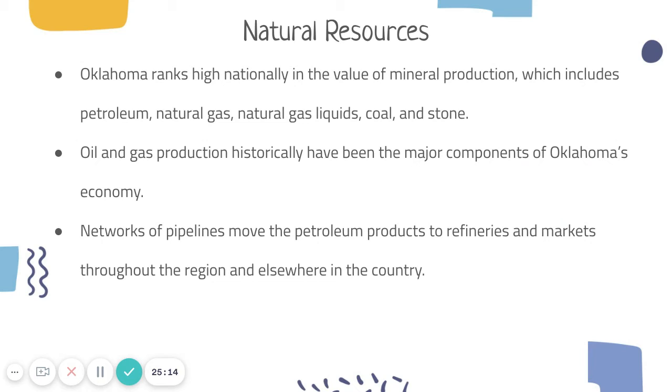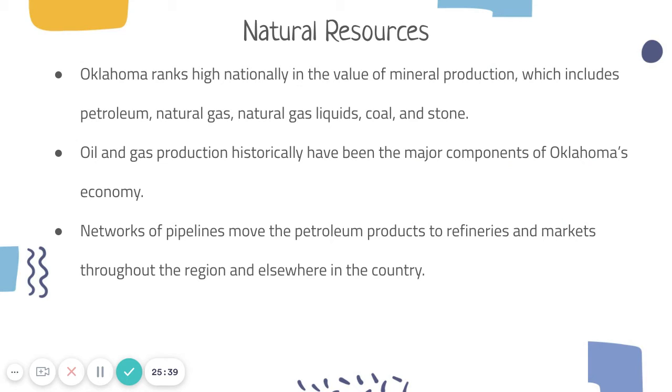And so when we look at this, we see that Oklahoma ranks high nationally. We have one of the greatest amounts of natural resources in our state compared to the rest of the nation. And so we produce a lot of petroleum. Petroleum's another name for oil.